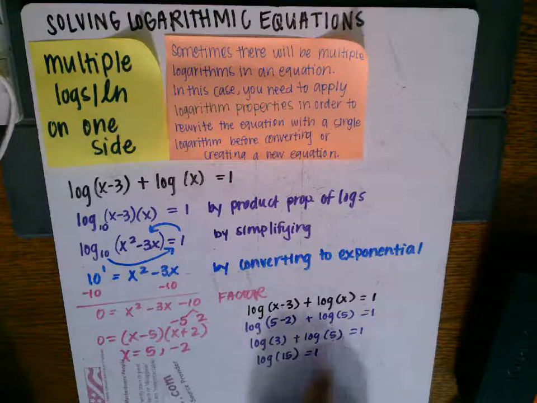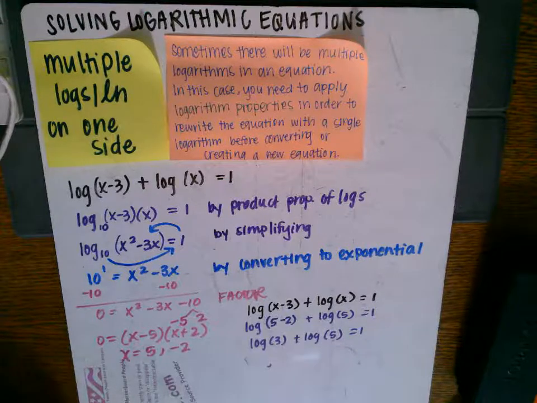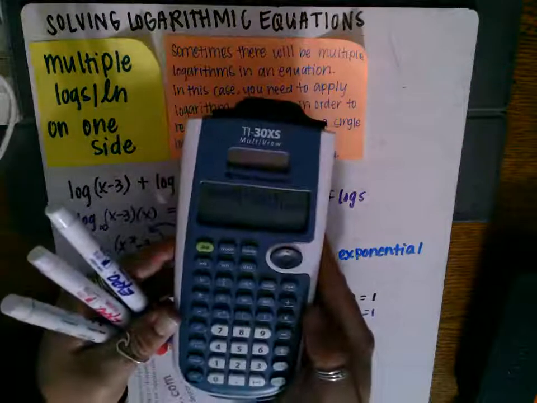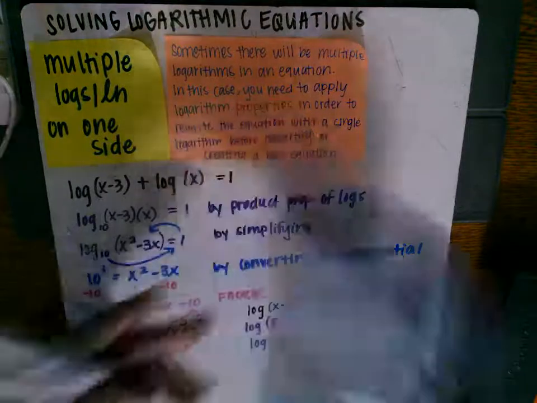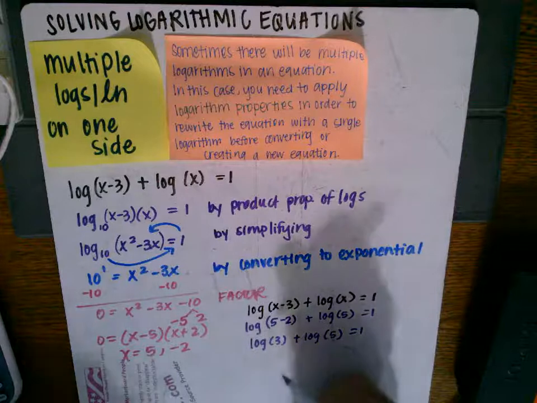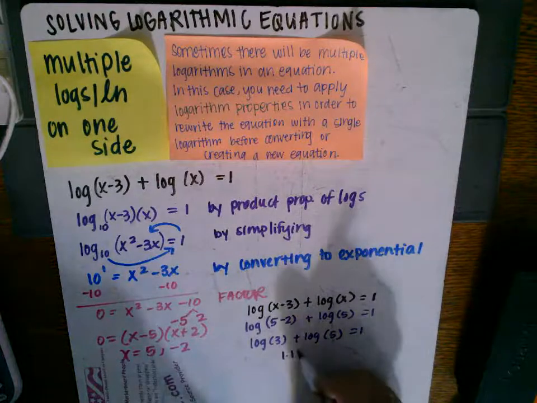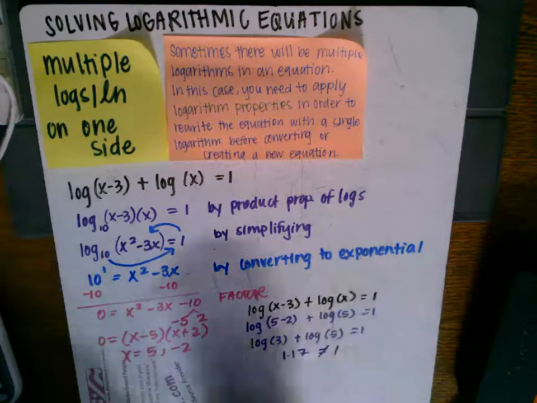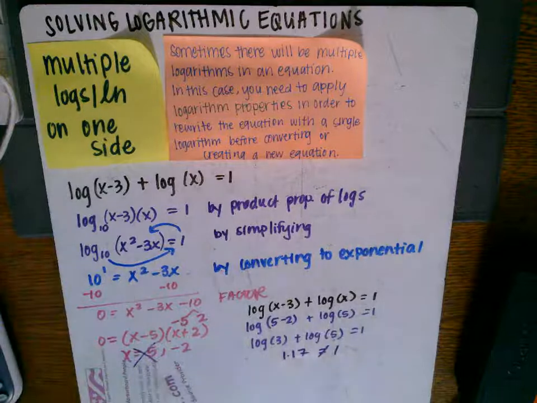Let's try log of 3 plus log of 5: 1.76091259. That is not true. That's not equal to 1, so that's a false statement. That does not work for me.